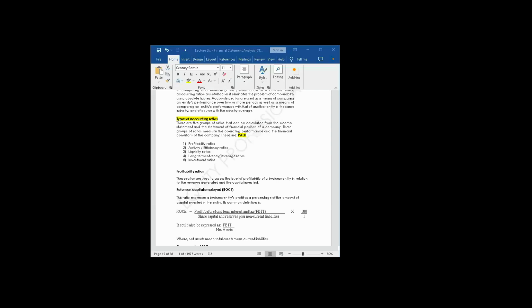Deborah, gross profit increased from 2017 to 2018 by 17% to the tune of, not with the tune of, so it should be to the tune of 2.9 million naira.